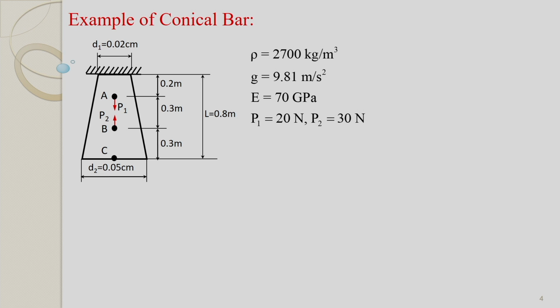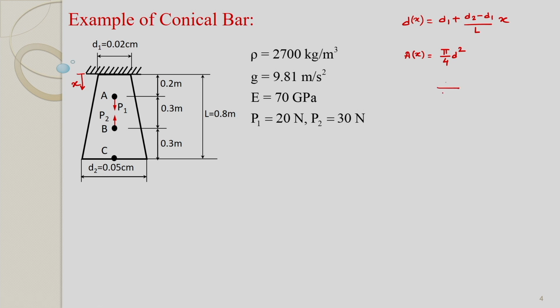At any x, diameter d is d1 plus theta x, where I am taking x in this direction. So area of this conical bar at any x is pi by 4 d square, where d is a function of x.